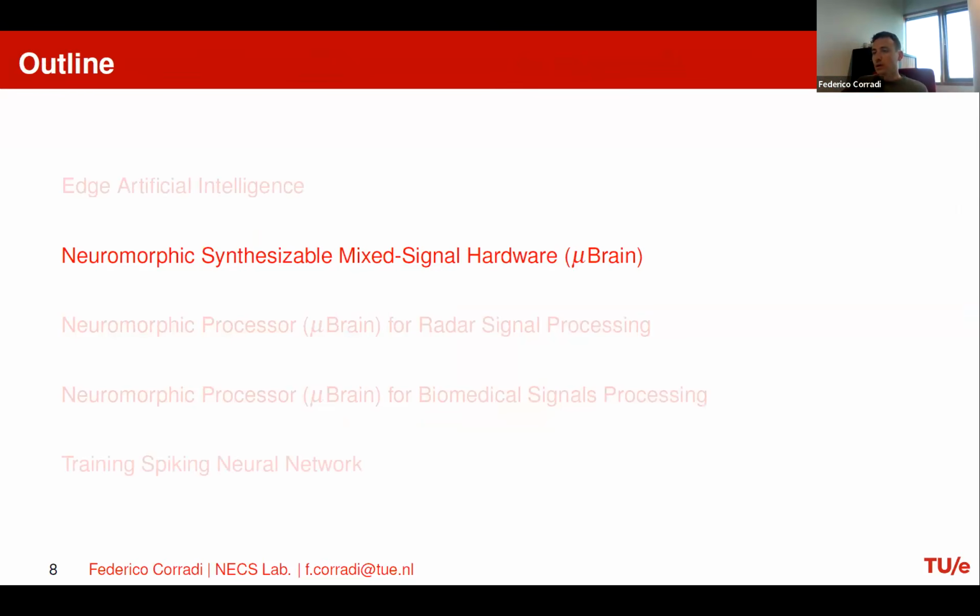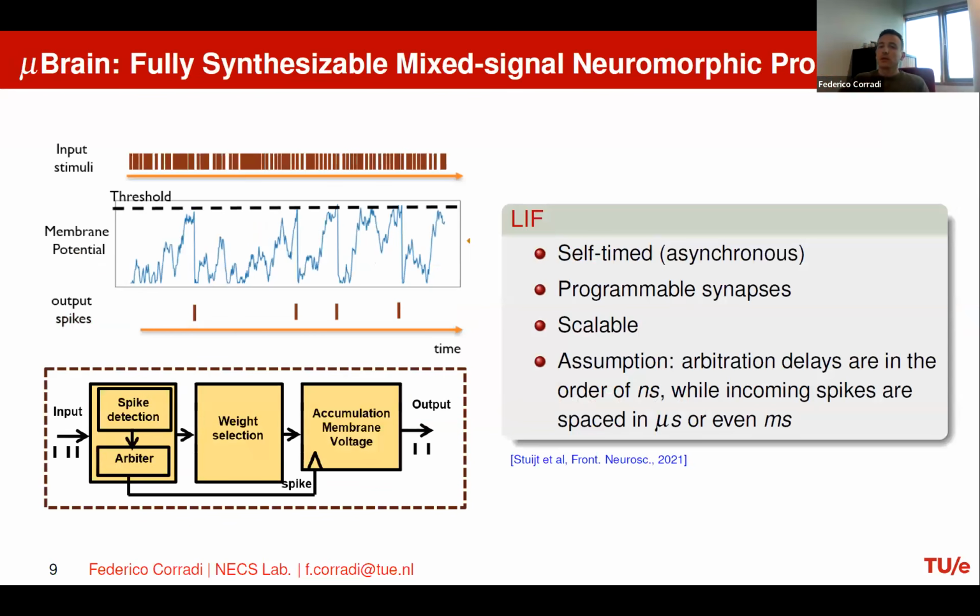And so now I will switch to the second part of the talk, and I want to show you in a bit more detail the microbrain architecture and its components. The first component is the neuron of the architecture, and the neuron is a fully synthesizable tiny core, I would say.